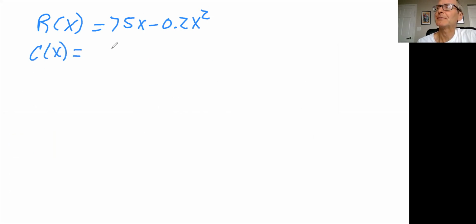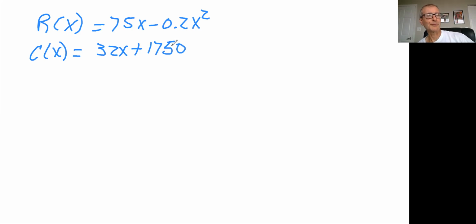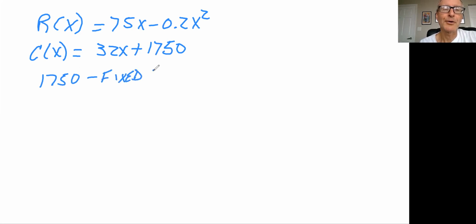And the cost function is usually linear. And we discussed this in the last section, but it's really important that the cost function is split up into two, where the 1750 is what we call fixed cost. And those are costs like insurance, rent, paying your accountant, a variety of different other types of costs that do not affect the manufacturing of the wristwatch.